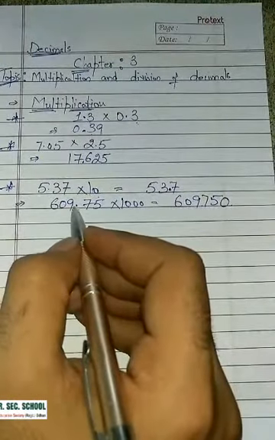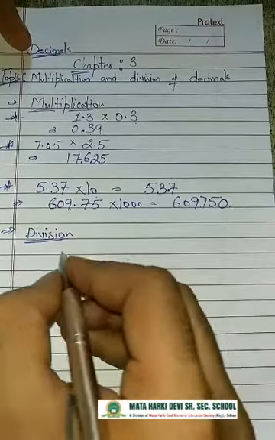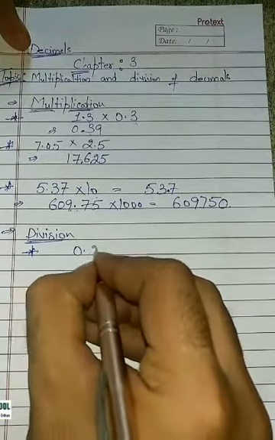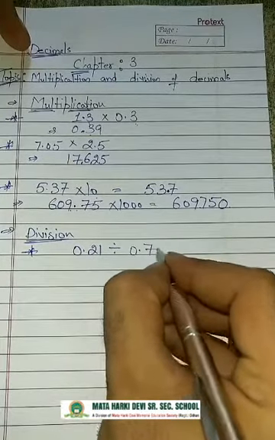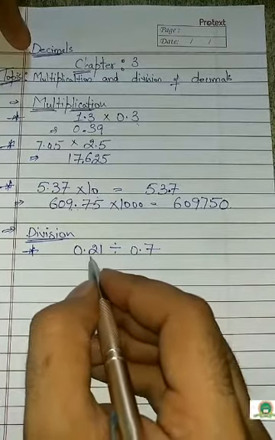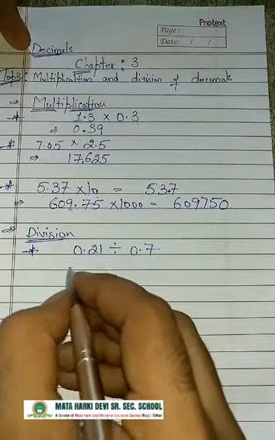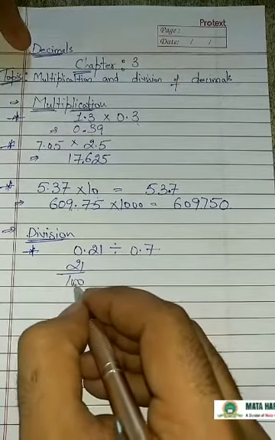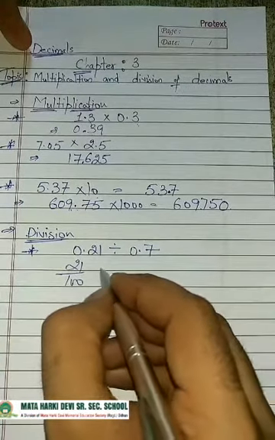Now let us start the next topic, division of decimals. Let us understand with examples. So the first one is 0.21 divided by 0.7. The easiest method is to convert these decimals into fractions. There are two decimal places, so we'll take 100, 2 zeros, below in the denominator place.